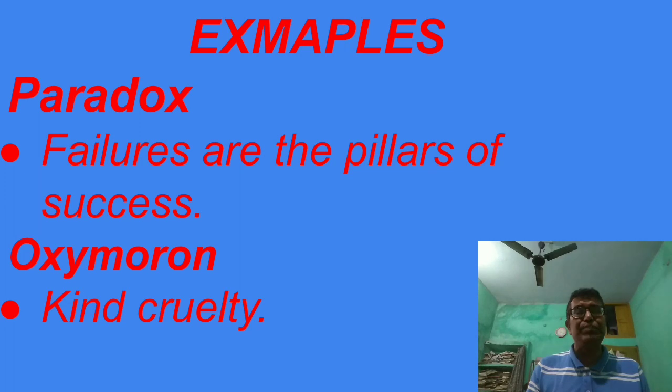And in case of oxymoron, again I would say kind cruelty. Just think of or read that phrase, kind cruelty. Both are opposing each other, and the very word kind is an adjective and cruelty is an abstract noun. So here the combination is adjective plus noun.